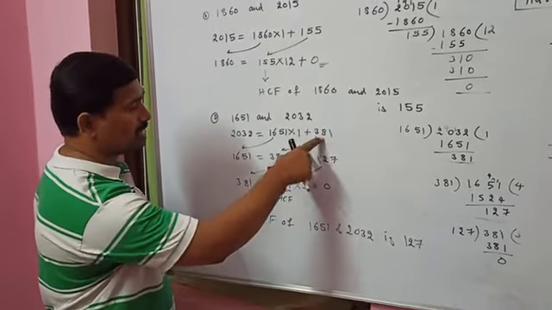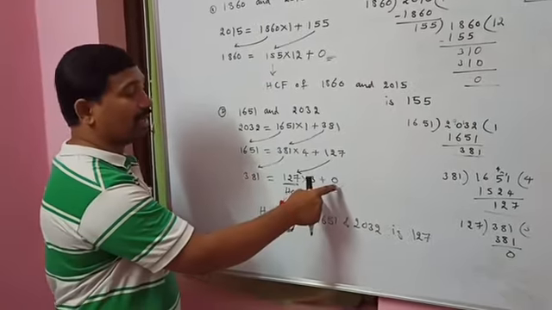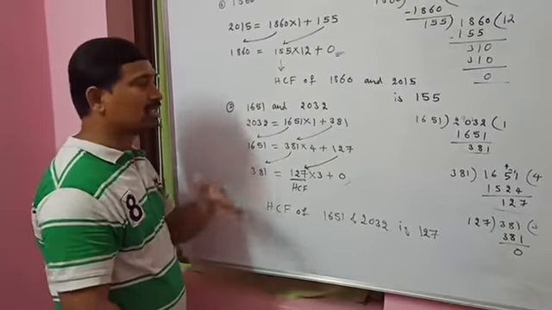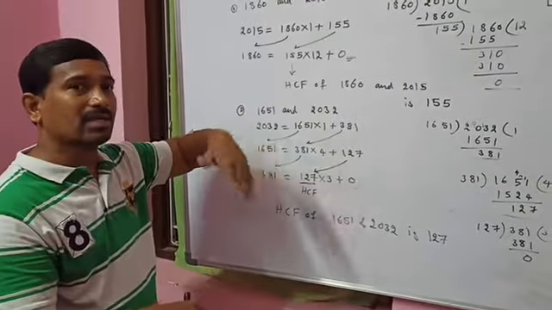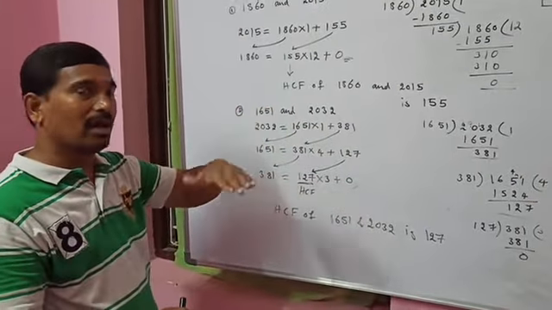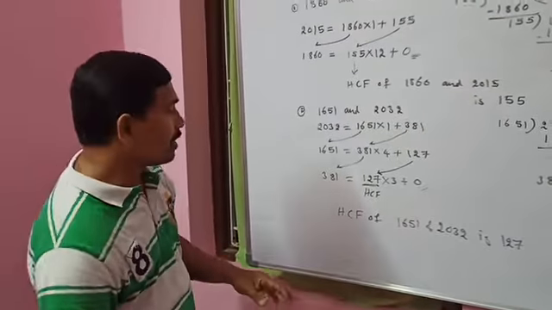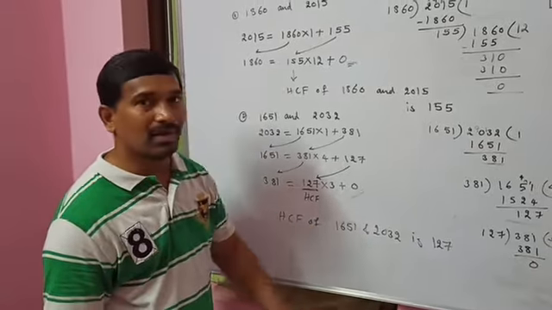Here we proceeded three times with the division algorithm. Until you get remainder 0, you proceed with the division algorithm. This is the algorithm. Why we say algorithm: we follow the same steps until we get the answer. So the HCF of 1651 and 2032 is 127.